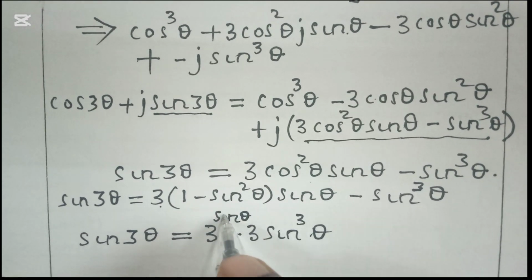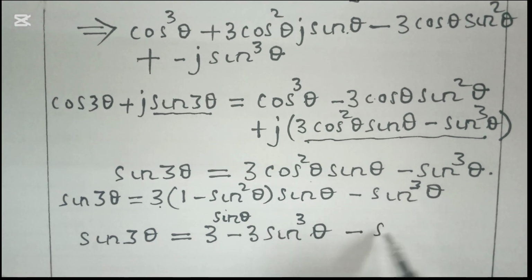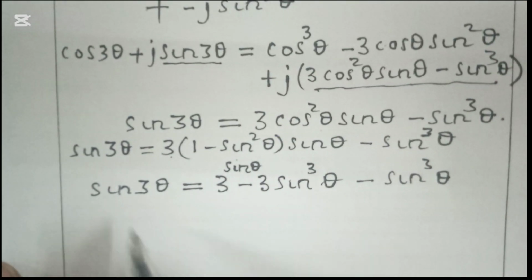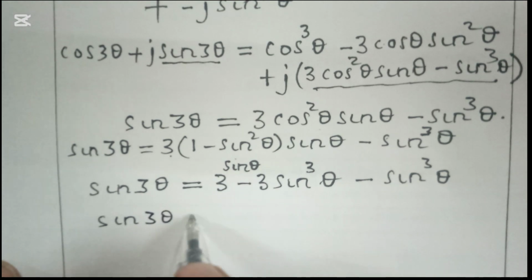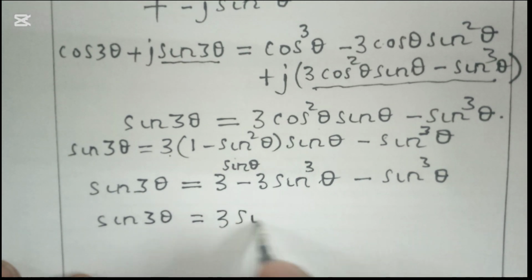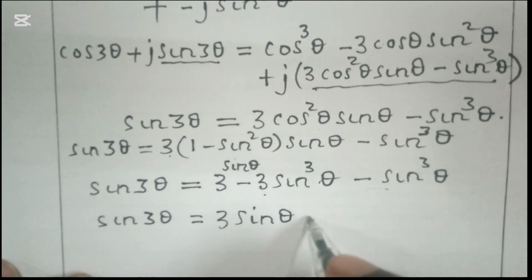That is 3 sine theta minus 3 sine cubed theta minus sine cubed theta. If you add these, you get sine 3 theta equal to 3 sine theta minus 4 sine cubed theta.